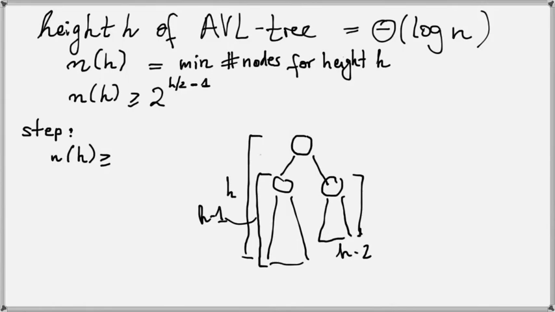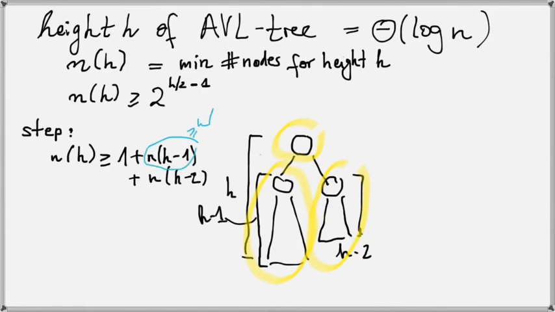So what we have at the moment is that the minimum number of nodes in an AVL tree of height h is, and now we count all of this together, the root that gives me one node, then the left subtree that has height h minus 1, so I count the minimum number of nodes in a tree of height h minus 1, plus the minimum number of nodes in a tree of height h minus 2. Now, if I make the left subtree smaller, that only reduces the number of nodes.